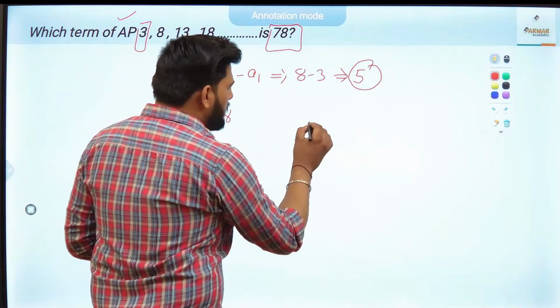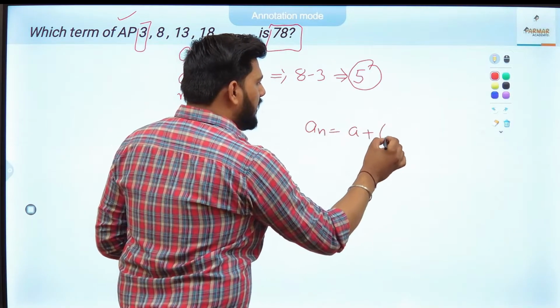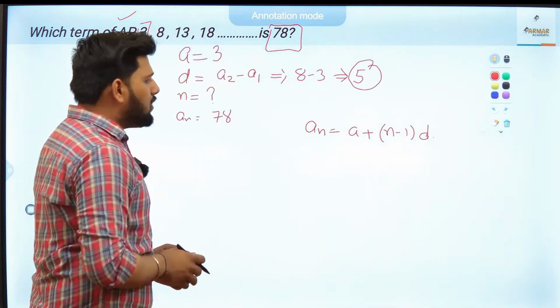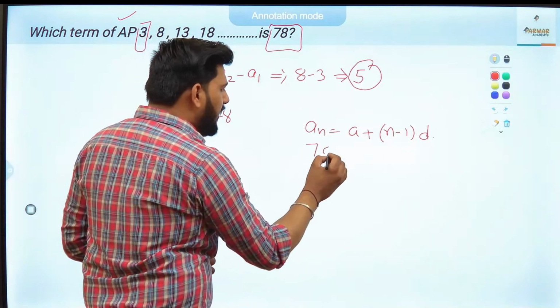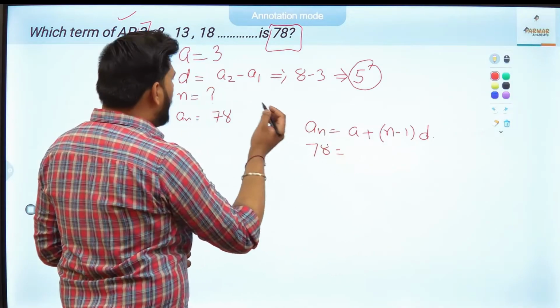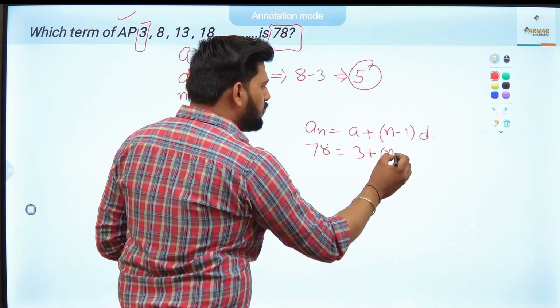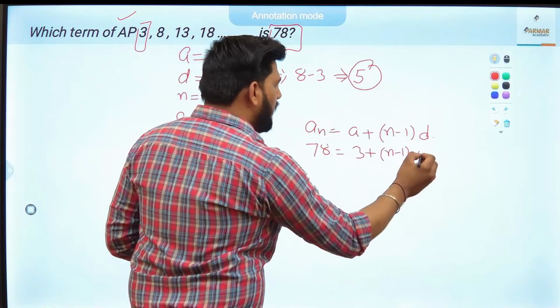So the formula is an is equal to a plus n minus 1 times the common difference. Now substitute the corresponding values. The value of an, that is 78, is equal to a, that is 3, the first term, plus n minus 1, which we have to find, times d, that is 5.